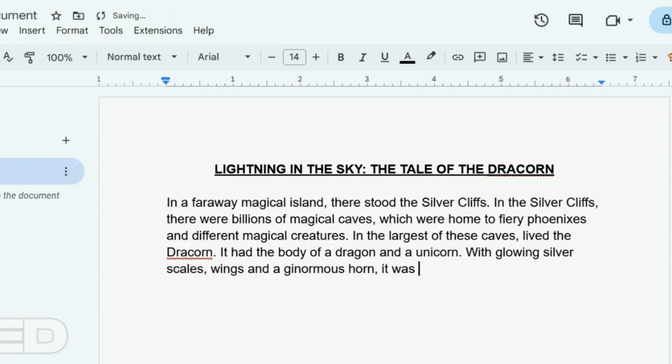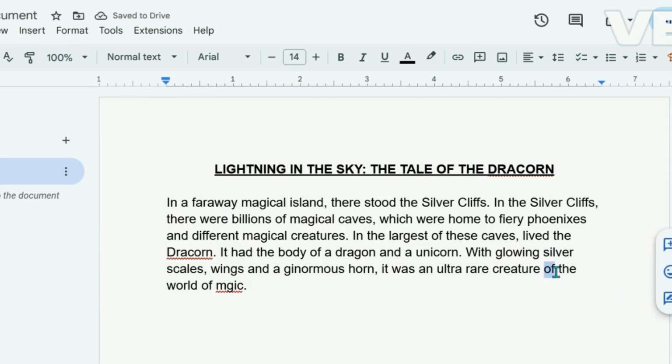It was an ultra rare creature in the world of magic. Let's change this to in, otherwise it looks a bit ugly to have two ofs in the same series. Yeah, that's a nice magical introduction to our story.